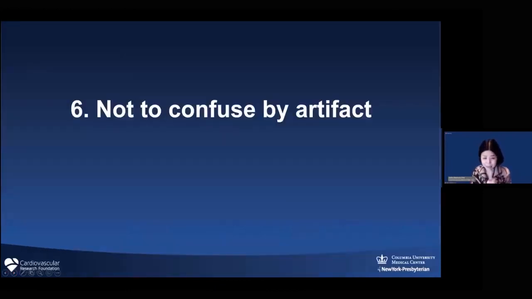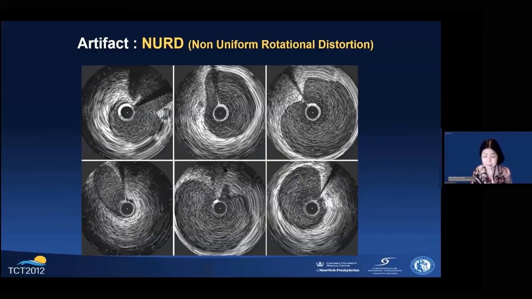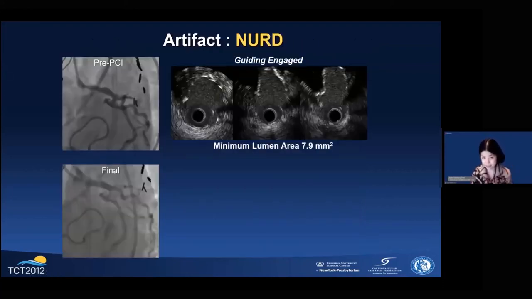And finally, I just want to say something in terms of the artifact. And this is a very typical artifact, so-called NURD. So it's very familiar and you understand this is not a correct measurement. That's fine. But how about this case? This is also the protected left main, and after the stenting into the left main, we measure this. And I saw this is a little bit distorted picture, not clear NURD, but a very distorted picture. And then we asked the operator, please disengage the guide, and make it more coaxial, taking the IVUS.